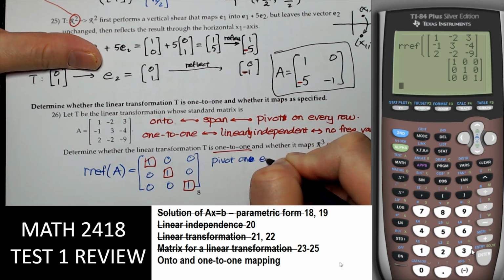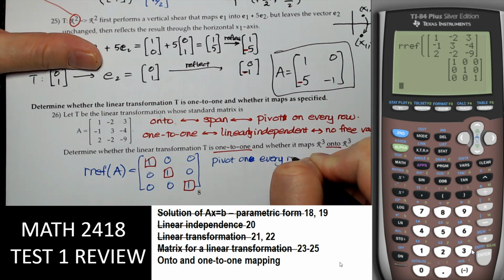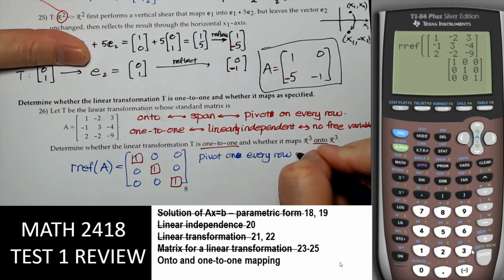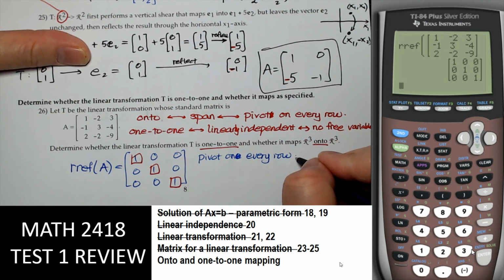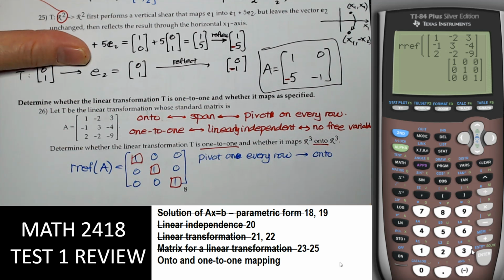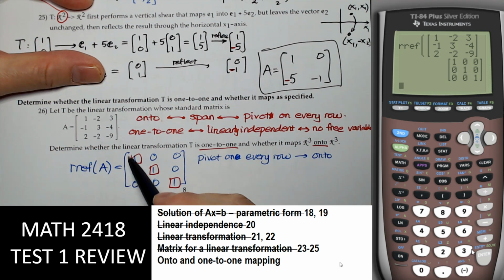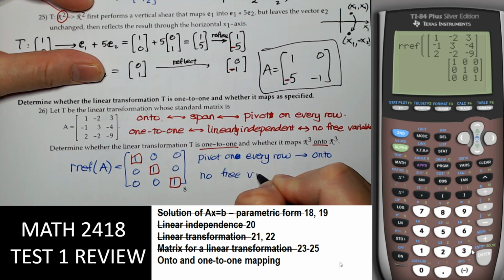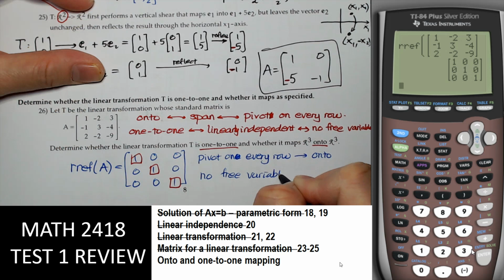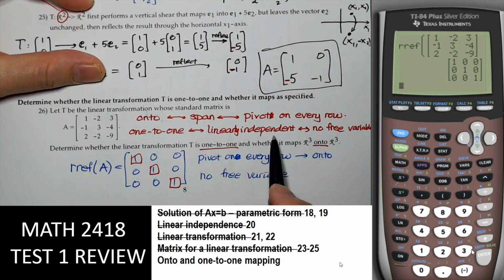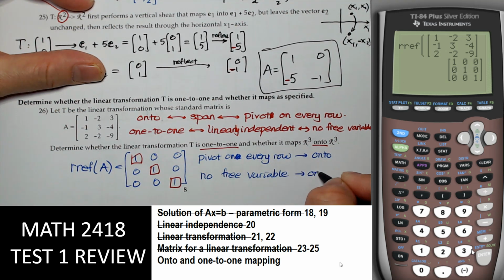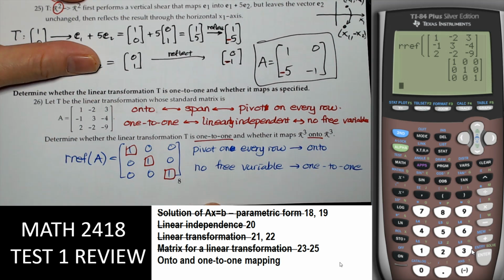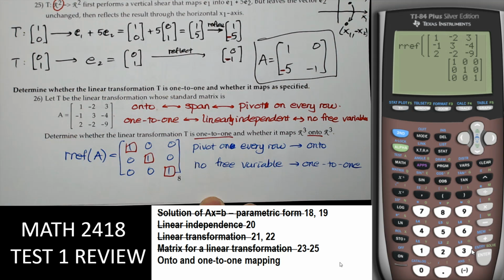That will mean it will span R3, or it's going to be an onto mapping. And there's no free variable. So linearly independent, and this is also one-to-one. Right, so just like that.